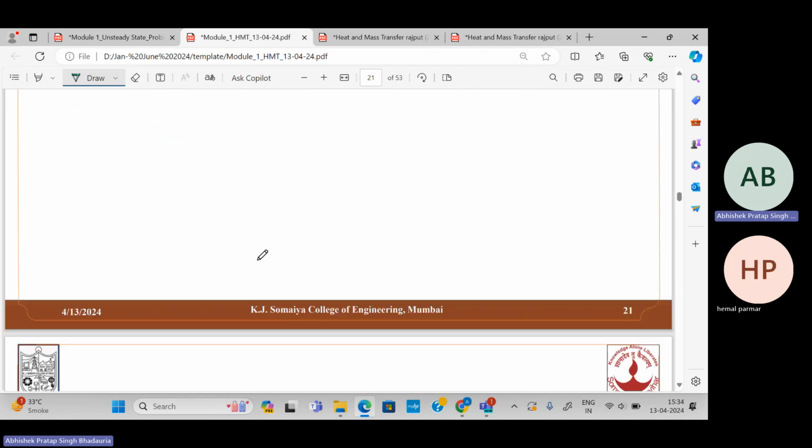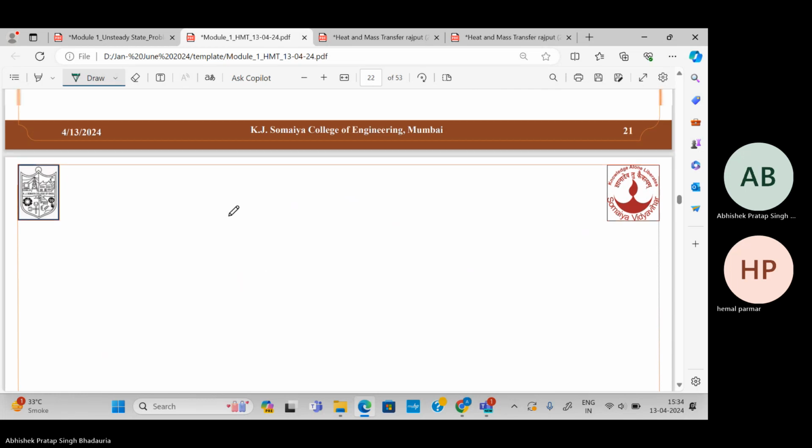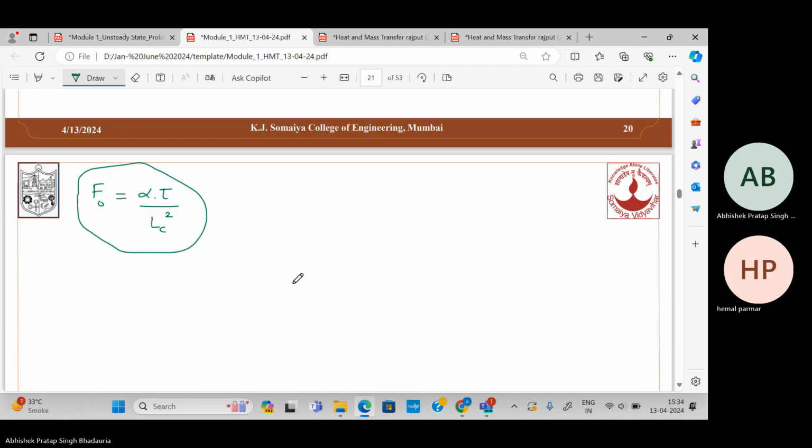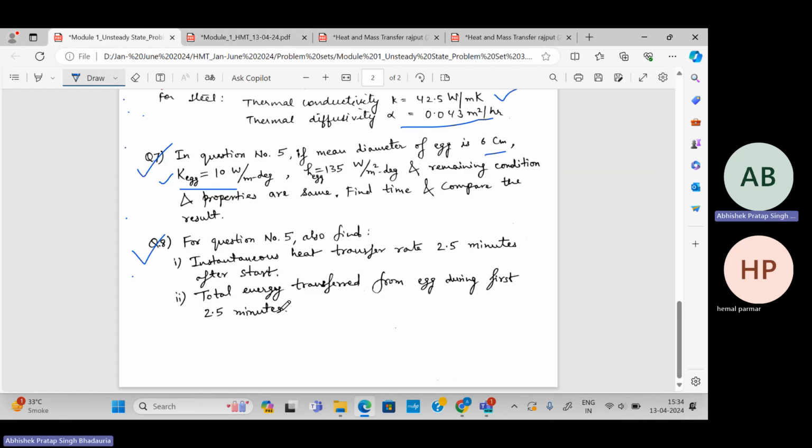So let's solve problem 8. First, we have to find the instantaneous heat transfer rate 2.5 minutes after start.